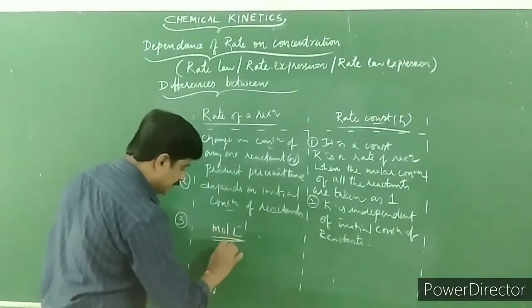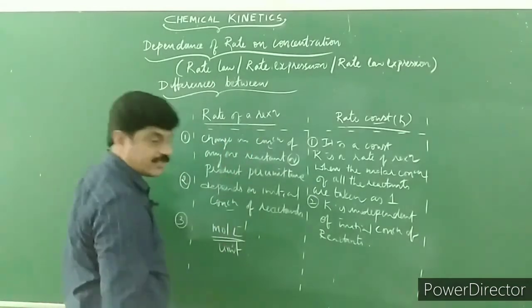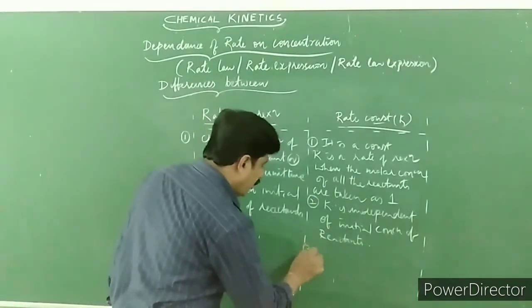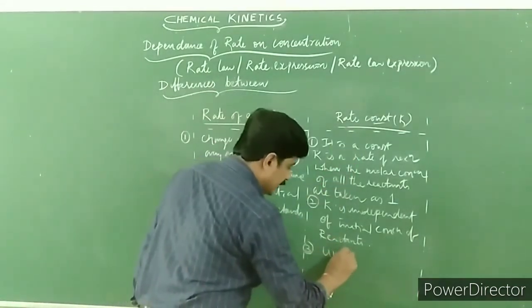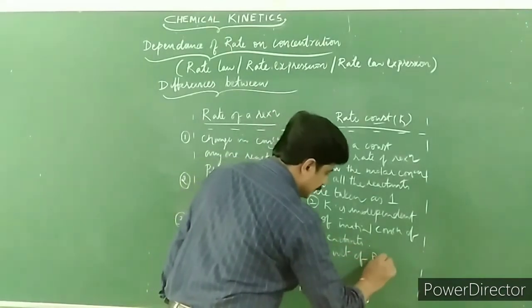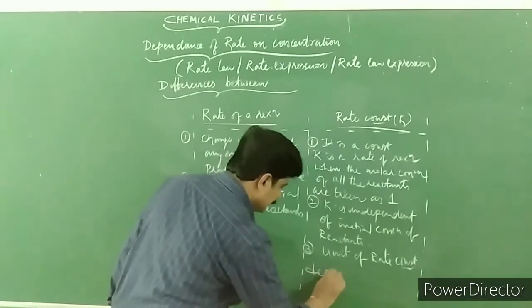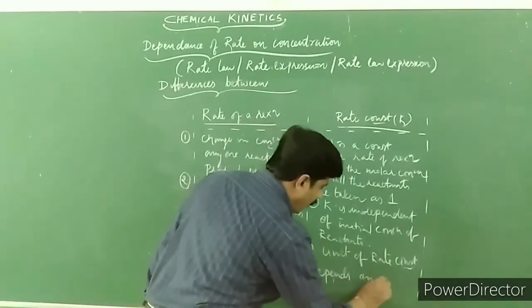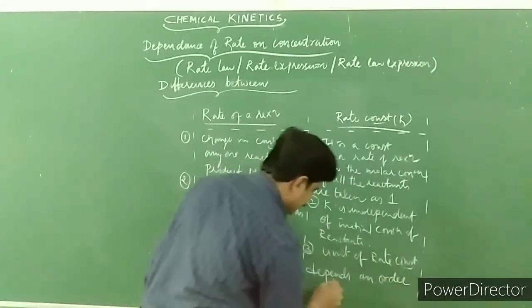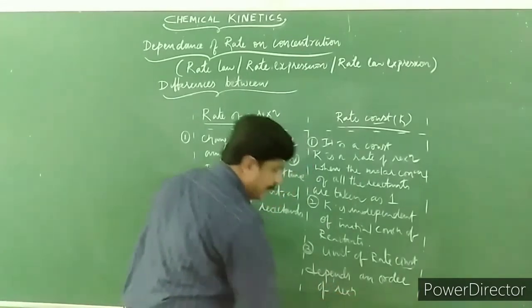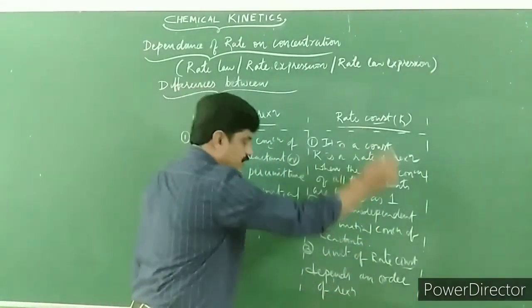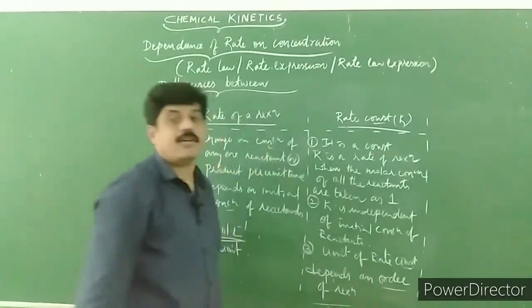Children, the third one, the unit of the rate of a reaction is mole per liter per second. This is the unit of rate of a reaction, whereas the unit of a rate constant depends on the order of a reaction. Children, remember the unit of a rate constant always depends upon the order of reaction.